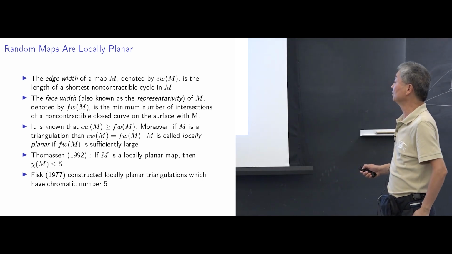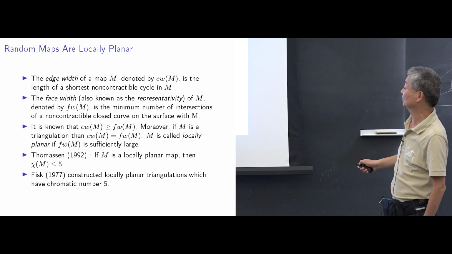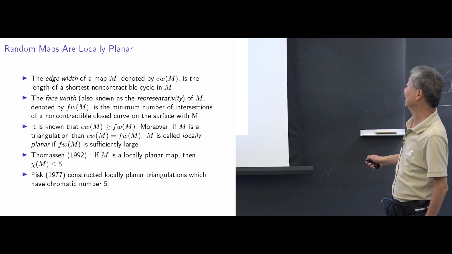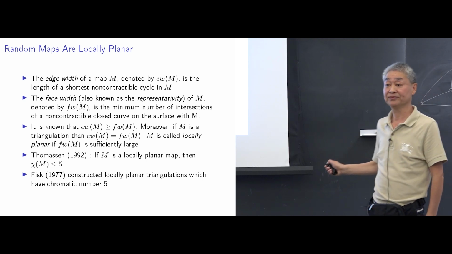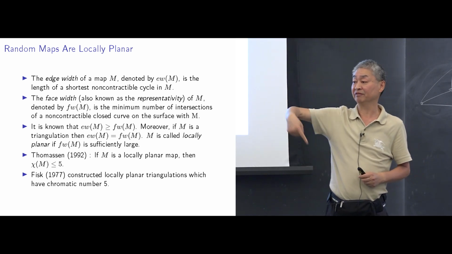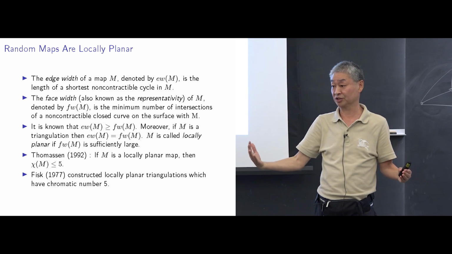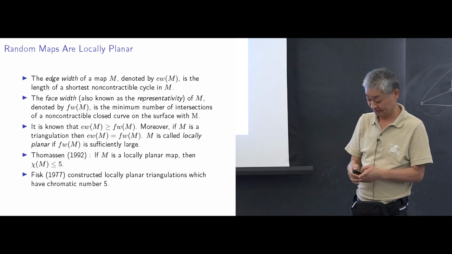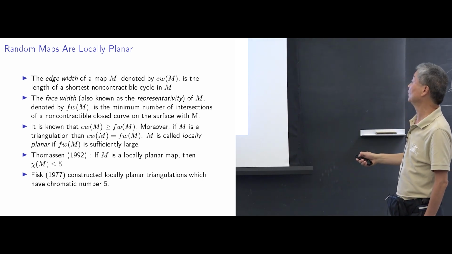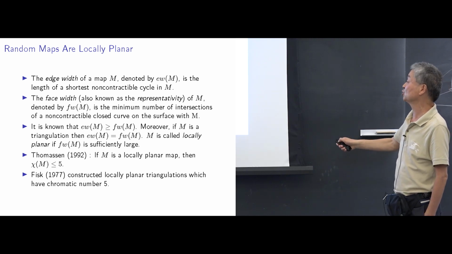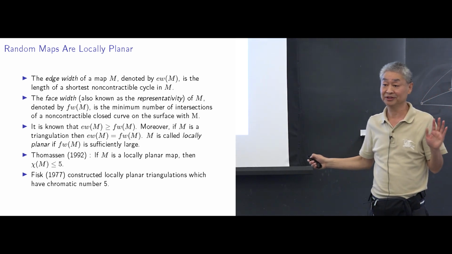Another definition uses the so-called face width. That's another name for the so-called representativity, which is the number of intersections of any non-contractible curve on the surface with the graph. Okay? Of course, for triangulations, the edge width and face width are exactly the same thing. No distinction.